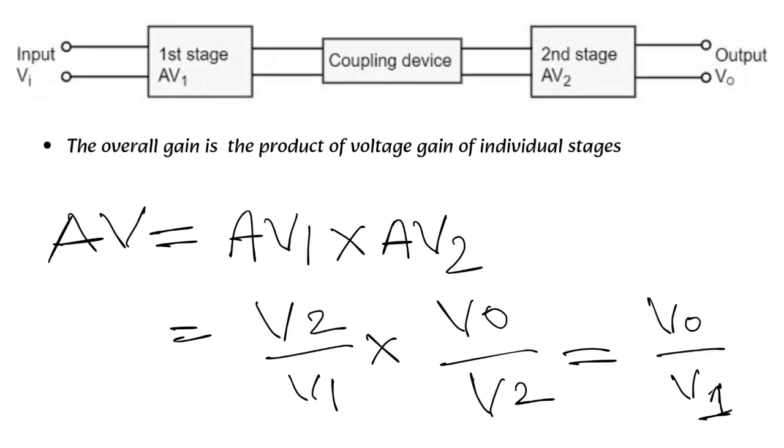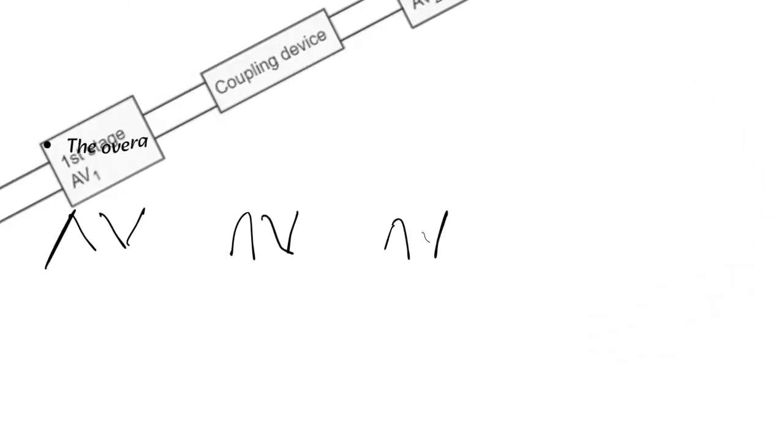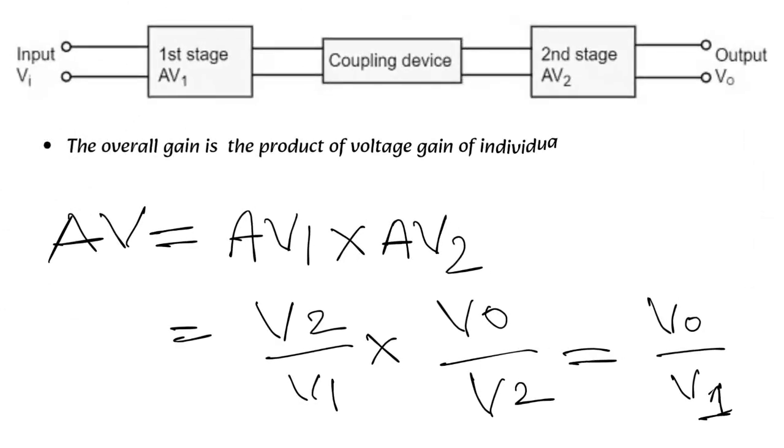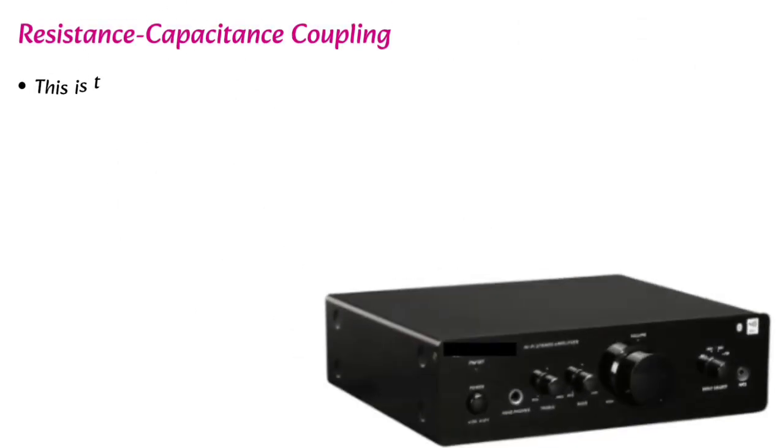The process of joining two amplifier stages using a coupling device is called cascading. Here you can see how the first stage of the amplifier is connected to the second stage by using the coupling device, and here is the overall gain. The gain of the multistage amplifier is the product of individual gains.